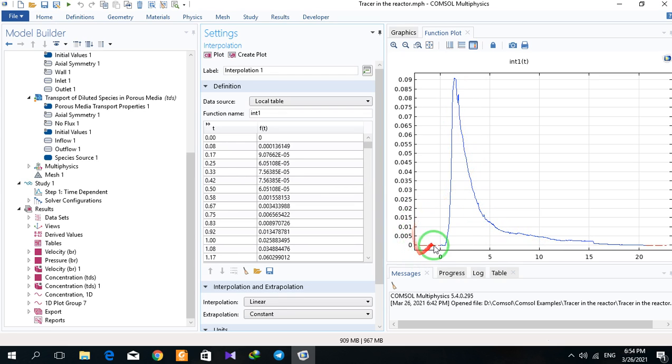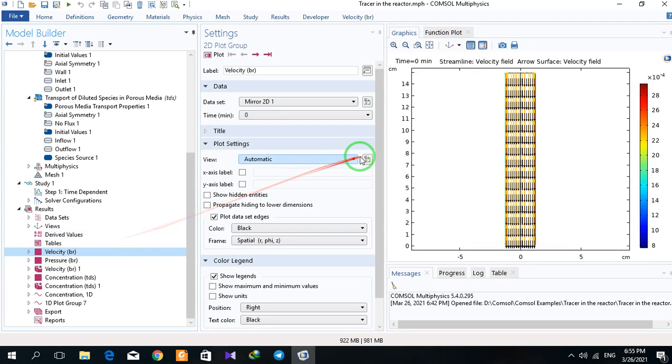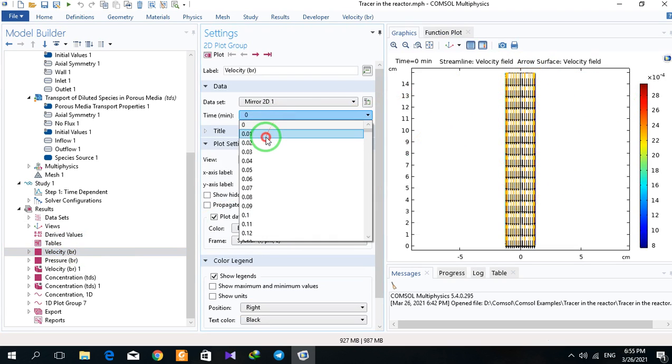So it is kind of a pulse function, and the concentration would increase in a short time and then would decrease after 50, I think it is seconds or minutes anyway, and it would decrease. So after running, it is kind of a velocity profile for different times.